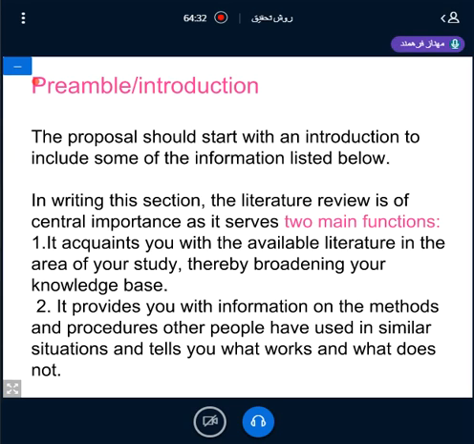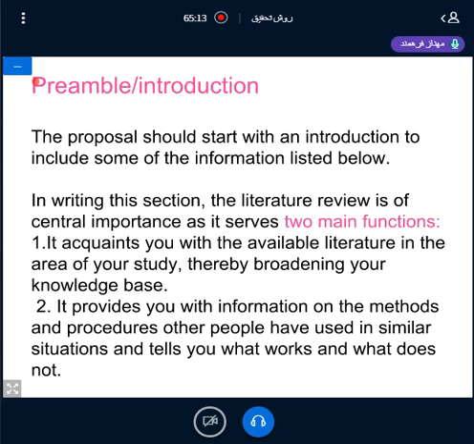And the first part is the preamble or introduction. The proposal should start with an introduction to include some of the information listed below. In writing this section, the literature review is of central importance as it serves two main functions.